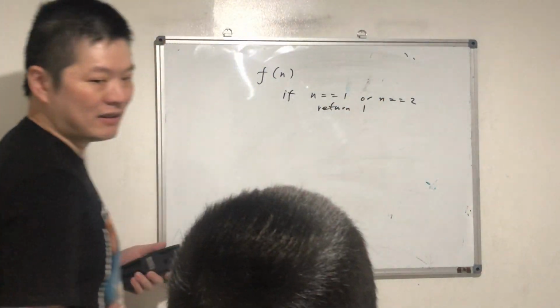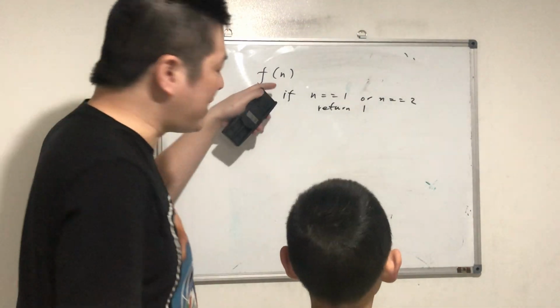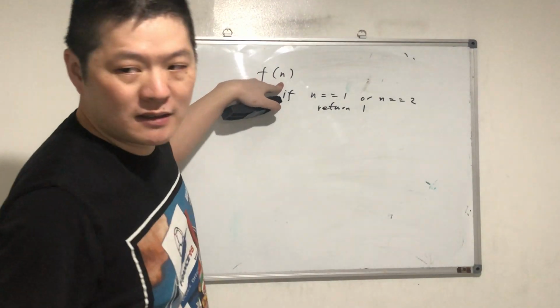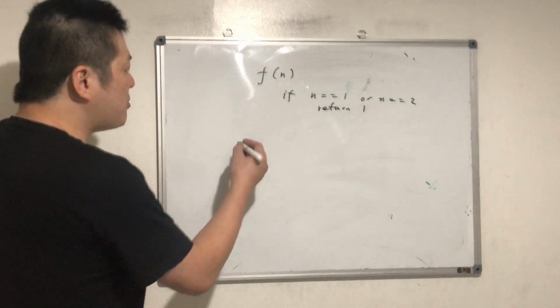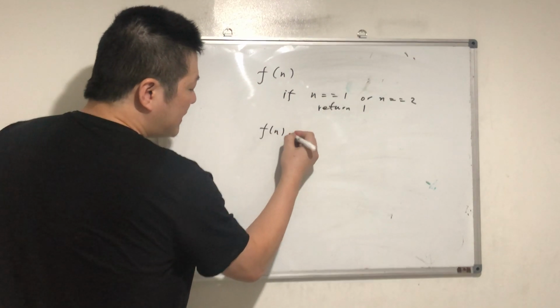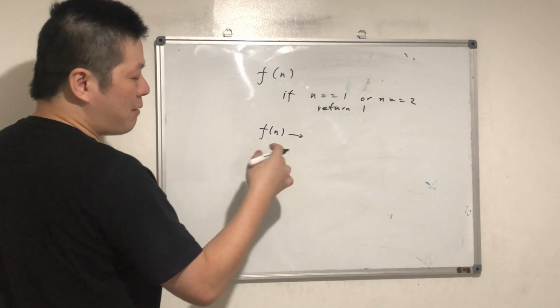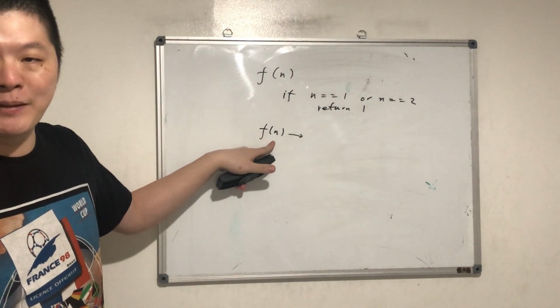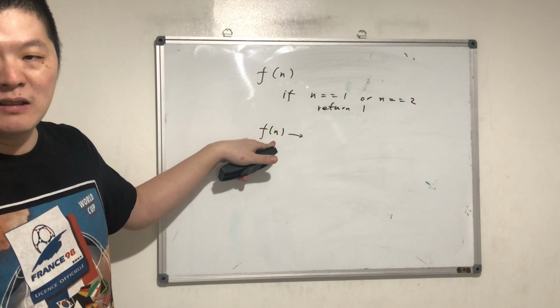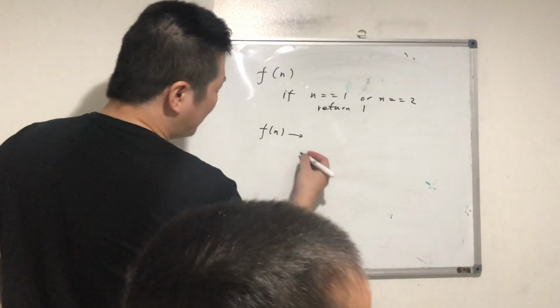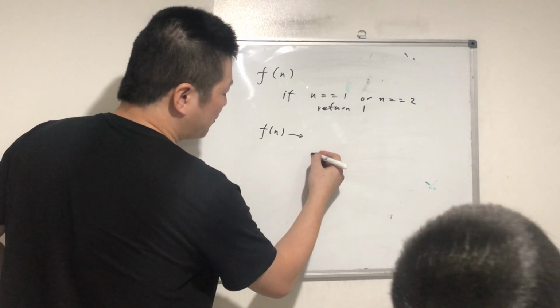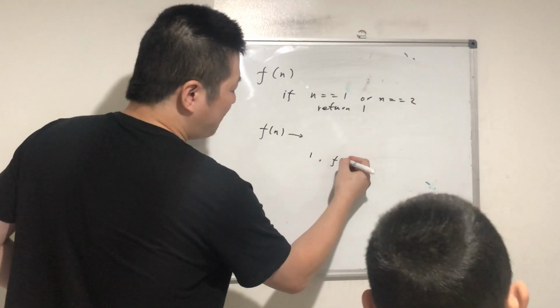So now the question is, how can we split this? How many ways can I split it? For example, I can try 1 and then f(n minus 1).